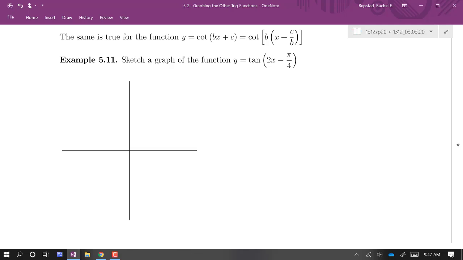The first thing I'm going to do is rewrite this by factoring out the 2. What goes here? What do I multiply by 2 to get pi over 4? Pi over 8.